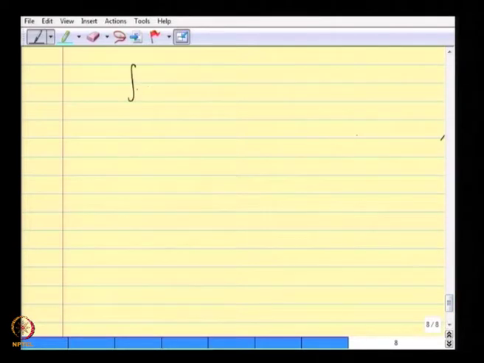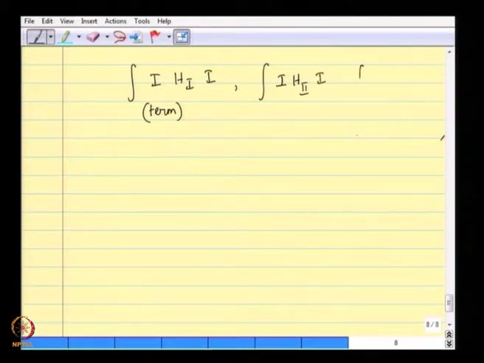We have the integral term 1 H1 term 1, term 1 H2 term 1, and term 1 H3 term 1.